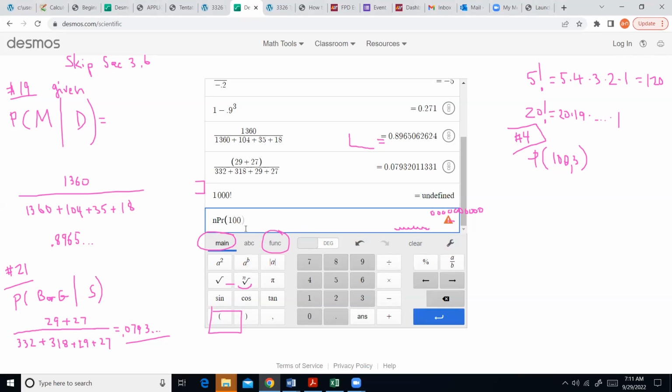Make sure it's in the parentheses. 100 and then comma 3. And then I close the parentheses. And there we have the answer. So it looks like we produced the number of permutations, which is 970,200.